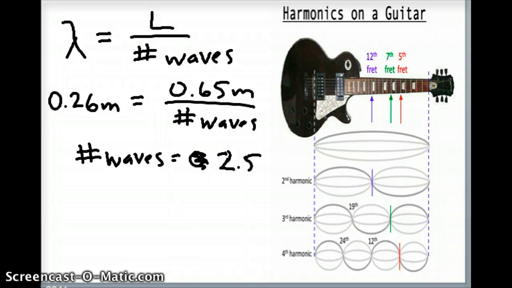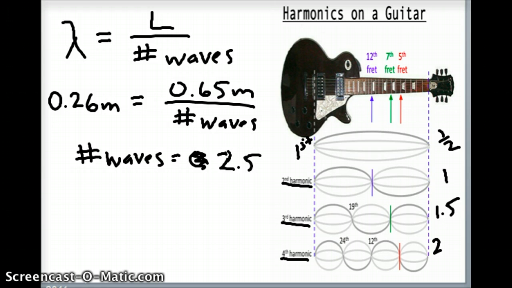What does that mean? Well, let's look at the picture of the guitar strings on the right. Again, here's the first harmonic with half a wave. Here's the second harmonic with 1 wave. Here's the third harmonic with 1.5 waves. Here's the fourth with 2 waves. Take a look at the pattern.